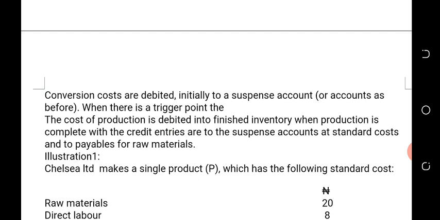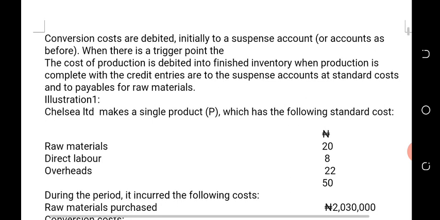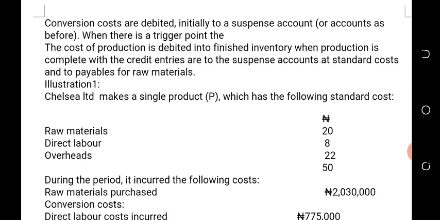Conversion costs are debited, including a separate account or accounts as before. When there is one trigger point, the cost of production is debited into the finished inventory when production is completed, with the credit entry to the suspense account at standard cost and to payables for raw material.